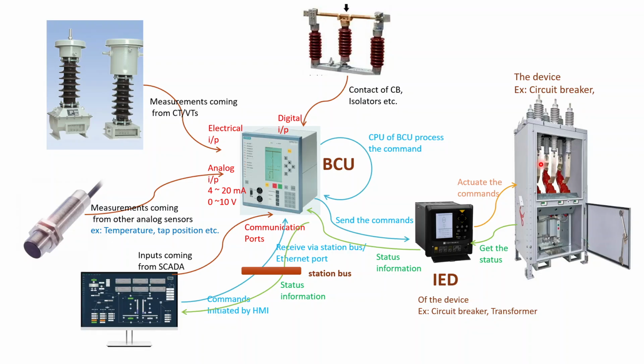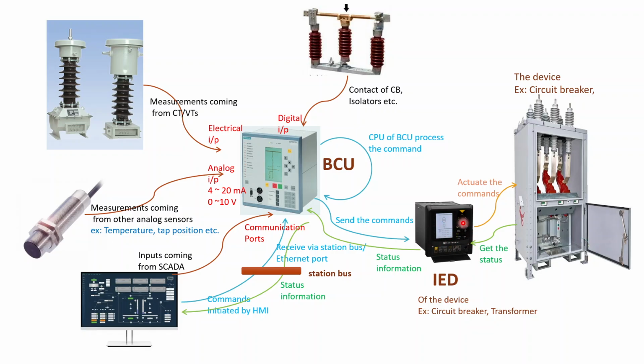Let's say, for example, if it is to open the circuit breaker, it will send an open command, or it will do the actuation task. So it will open the contacts in the circuit breaker or the isolator, right? And then after performing that function, it also takes the status of this circuit breaker in our particular case. So it basically looks at whether it's open or closed, right? So that information is coming as some sort of digital input to here.